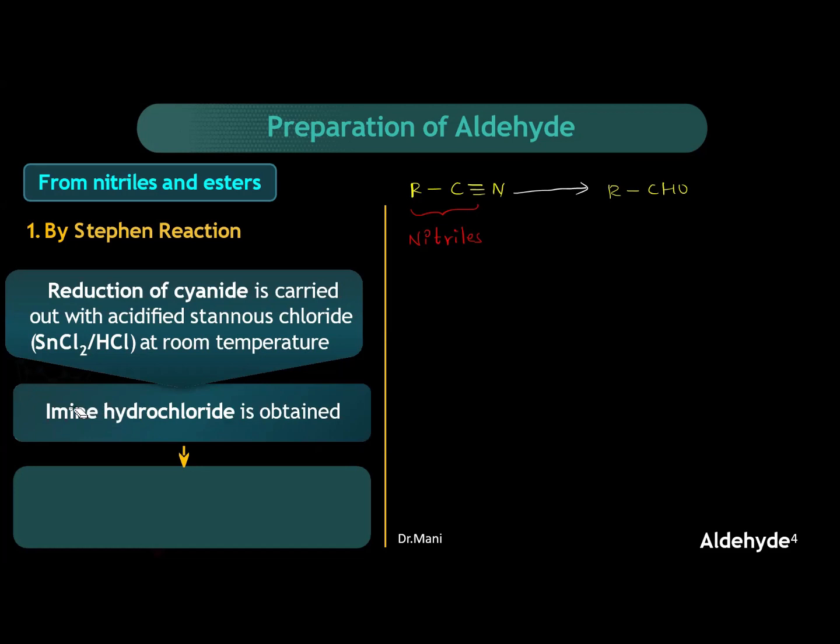Then an intermediate will be formed, that is imine hydrochloride. Finally, on hydrolysis with boiling water, it will give the aldehydes. So if you see here, the reaction follows two main steps. What is the first main step?